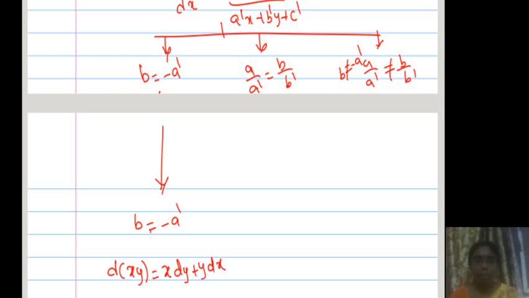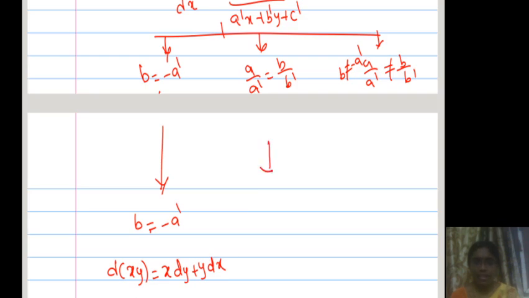While you are doing simplification in the cross multiplication, you will get somewhere the x dy plus y dx form. You have to substitute the total derivative of xy. Then you do integration, integrating on both sides. So then you will get our general solution. It is very simple. You will get the answer easily.